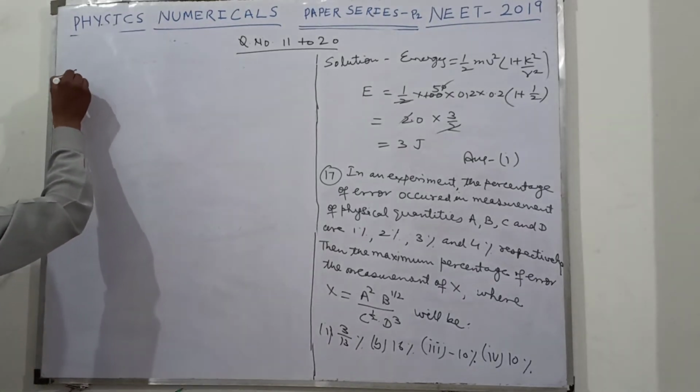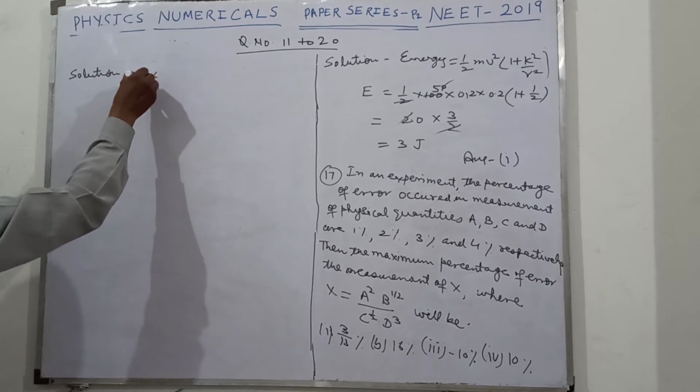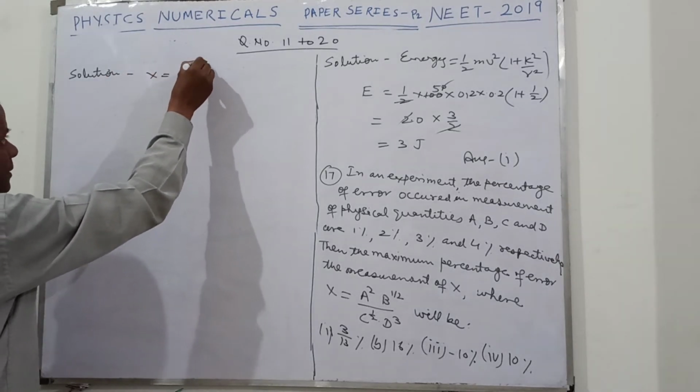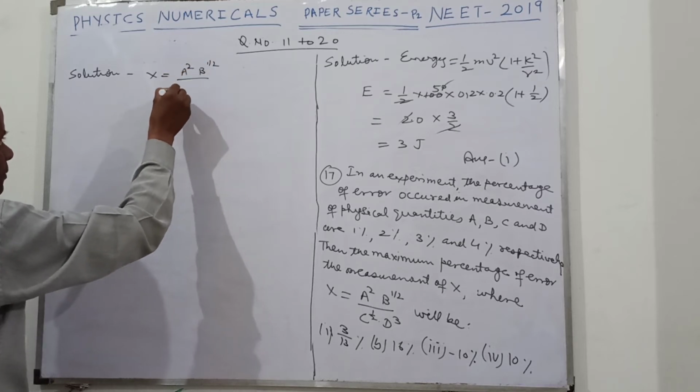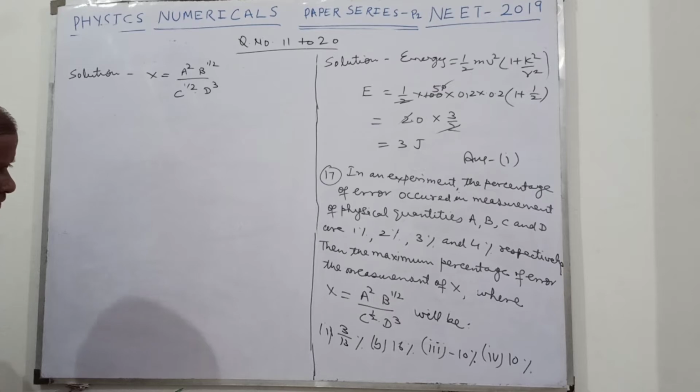The solution to this question: X equals A square B raised to power half upon C raised to power half into D raised to power 3.